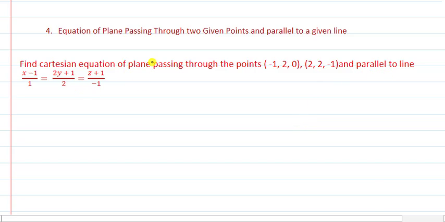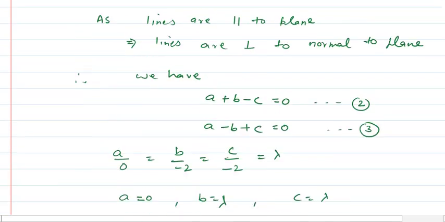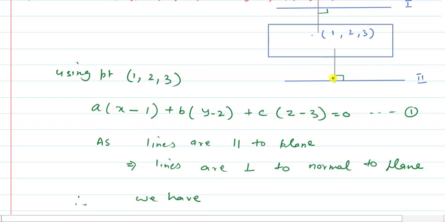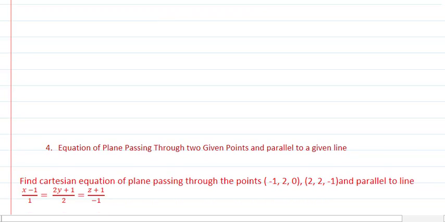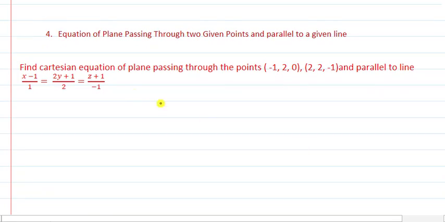And just as I told you in the previous case that when the line is parallel to plane, then normal to the plane is perpendicular to the line. And by using the concept that dot product of these two perpendicular lines will be 0, we get another equation in terms of a, b, c. So let me do it, and I hope you understood the question and even you can do it yourself. But let me solve it in short.